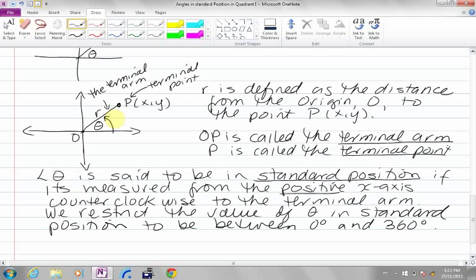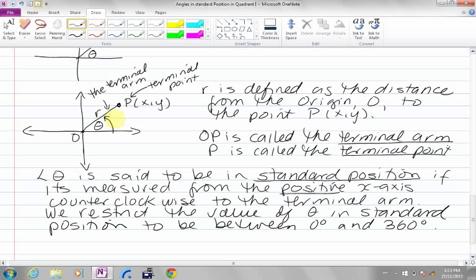Because we can do all kinds of angles in a coordinate plane, right? We could go from the positive x-axis going clockwise until we hit the terminal arm. That would give us a completely different angle. We could measure from the positive y-axis to the terminal arm. That would give us a different angle. We could measure from the negative x-axis to the terminal arm.